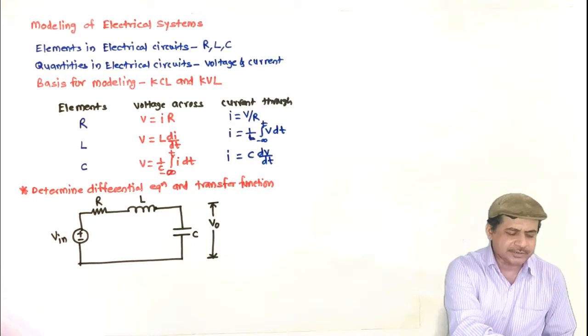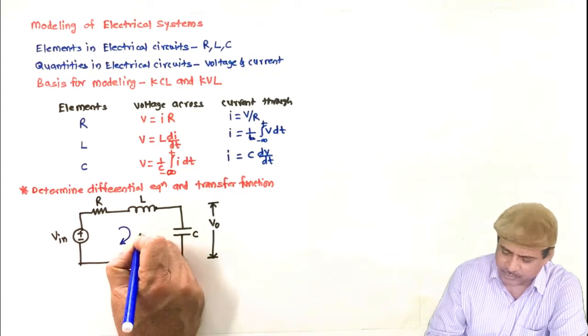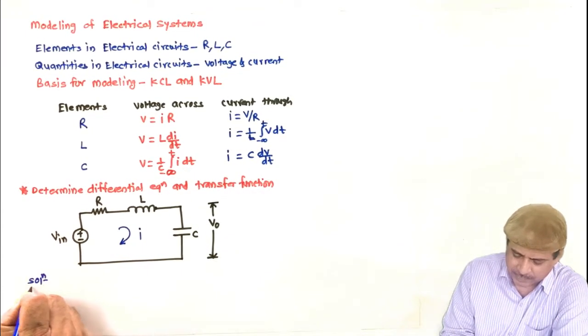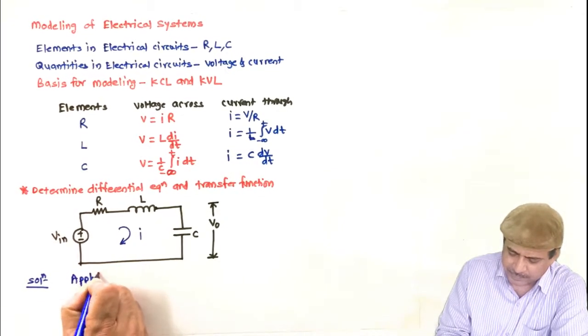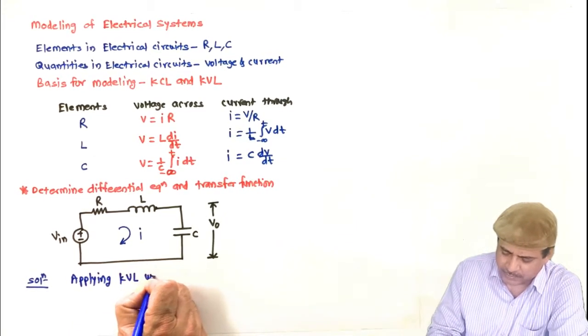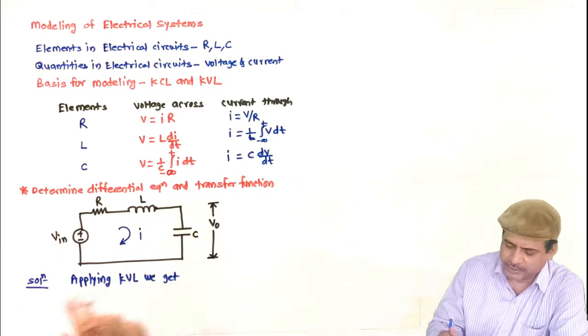So how to do this? It is very simple. Let us define the current flowing through this as I. Then applying KVL, Kirchhoff's voltage law, we get V in will be equal to the sum of these three voltages.